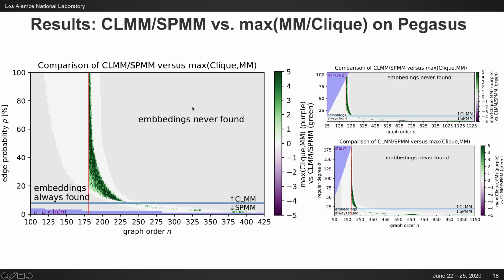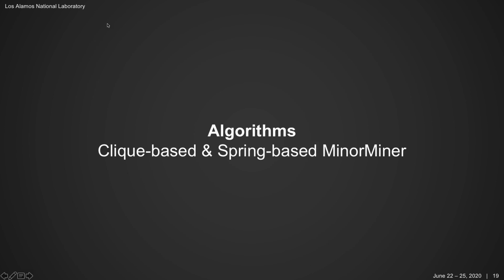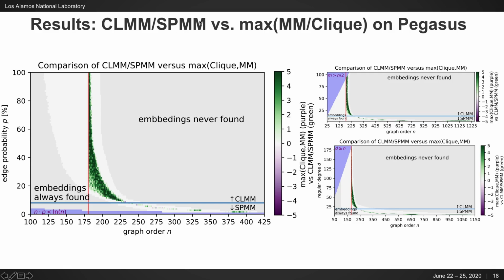So we can summarize this by comparing a dual approach of clique-based MinorMiner and spring-based MinorMiner versus the maximum best possible previously. Above this blue line we ran clique-based MinorMiner, below we ran spring-based MinorMiner, and we benchmarked this against the best known embeddings with previous methods.